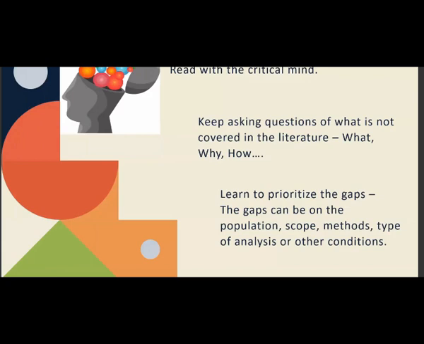But it is important for you to actually prioritize your gap. You need to think what is more important to fill. Is it just that you want to fill the gap in terms of methods, in terms of analysis, or just doing it in a different country? Because I understand most students find it easier for data collection.